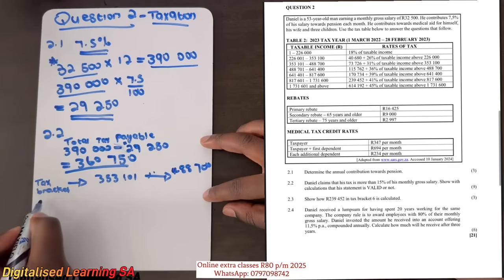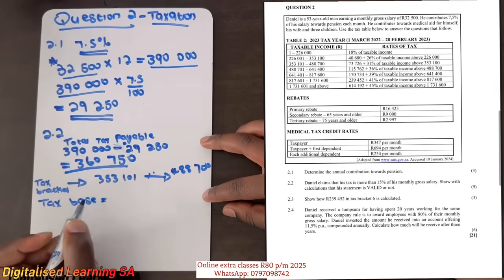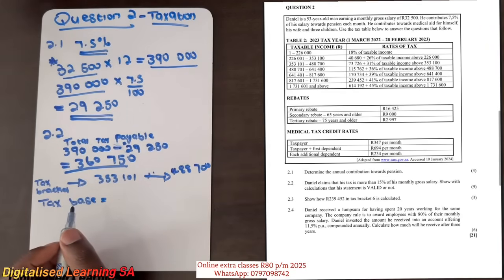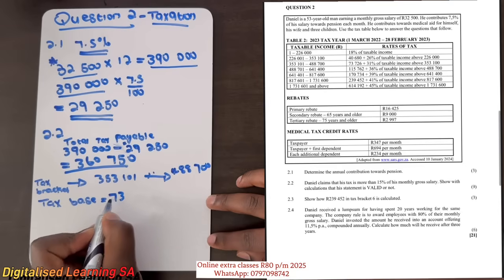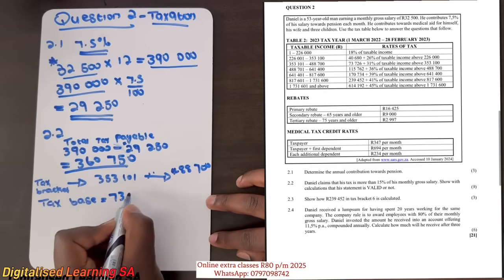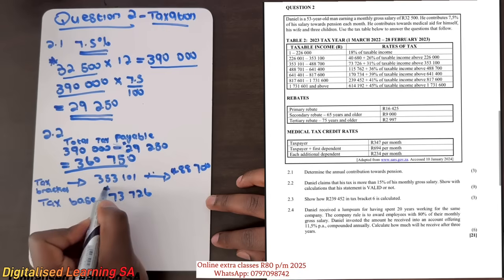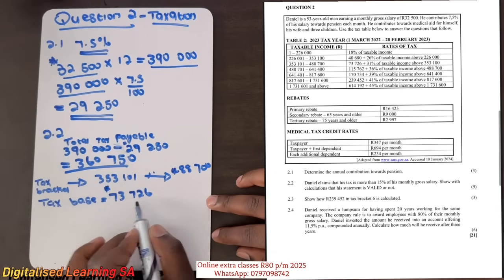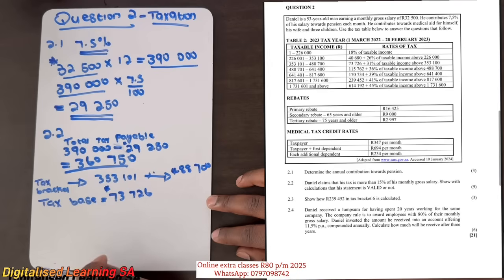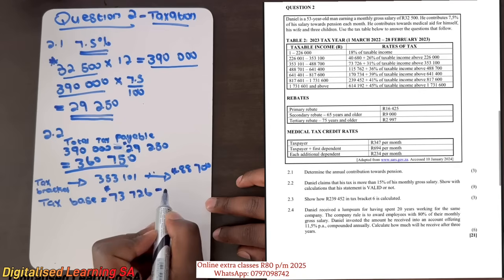We are going to call that the tax base. So the tax base is 73,726. And this tax base is calculated from how much?